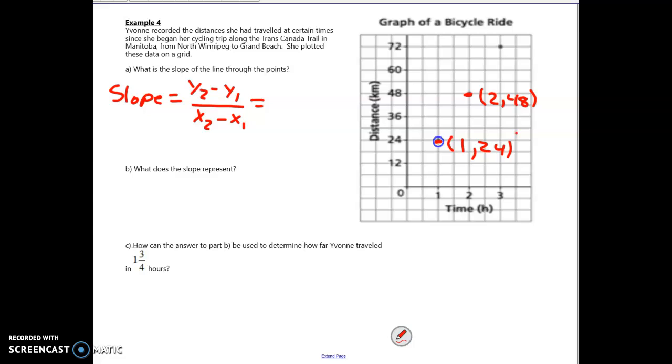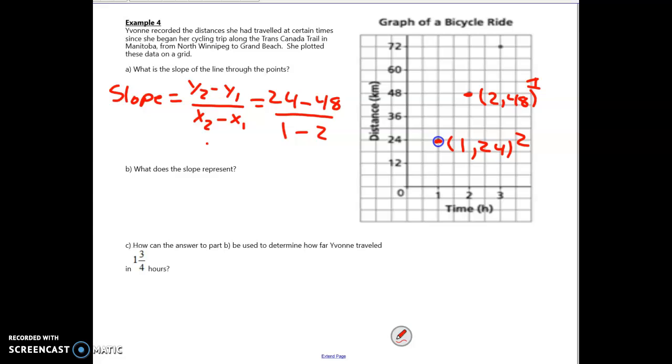I'm just going to call them point 2 and point 1, just so that we're really clear. So I'm going to put my y value, which is 24, minus y1, which is 48, over our x2, which is 1, minus our x1, which is 2.